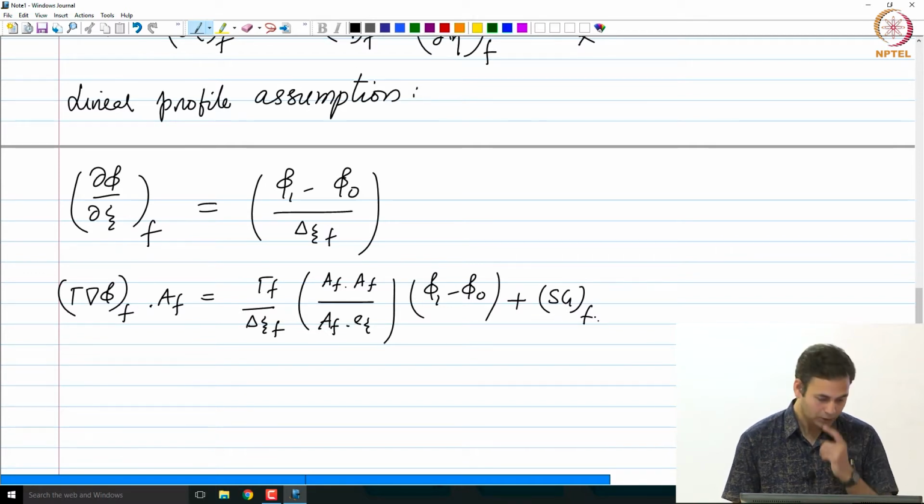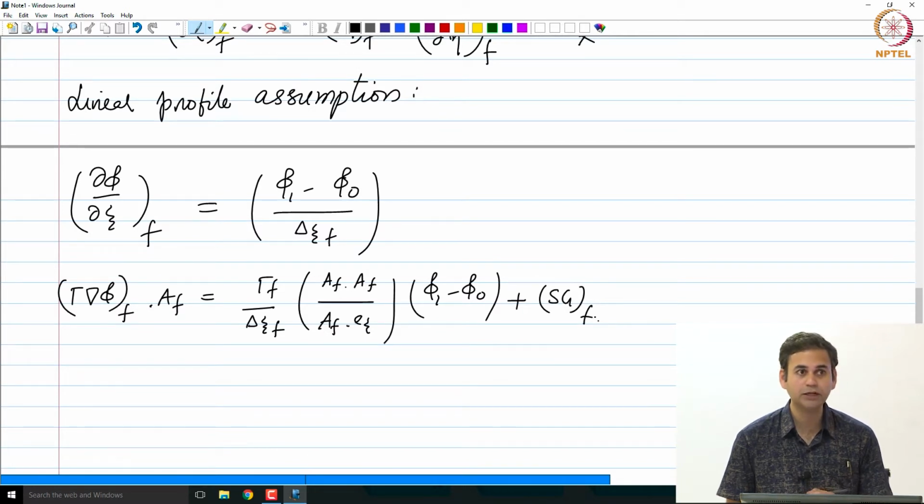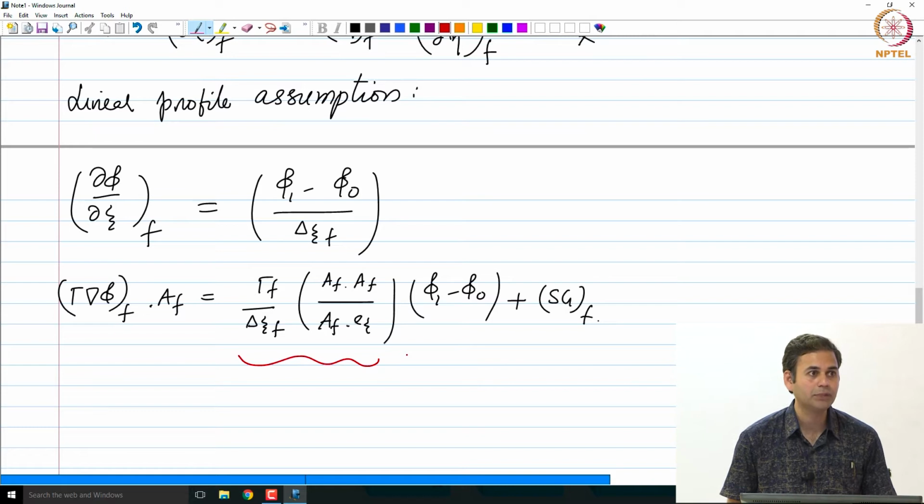So, now do you see what is the coefficient for your a and b? What is the coefficient for your a and b terms? Whatever is multiplying phi 1 would be the coefficient for your a and b. Essentially, a east phi east is what we have written in a Cartesian orthogonal mesh.